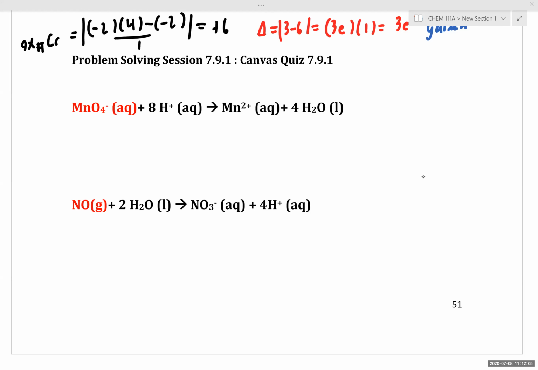And for the response that I see in the chat, you're correct in your assignment of an oxidation versus reduction half reaction, but I would double check your oxidation number assignment to make sure you've counted the number of electrons gained or lost correctly.